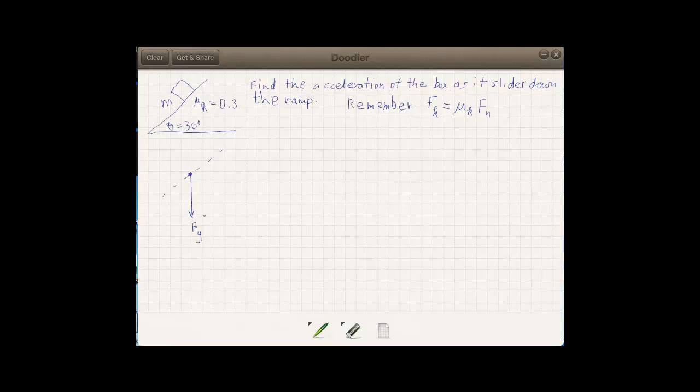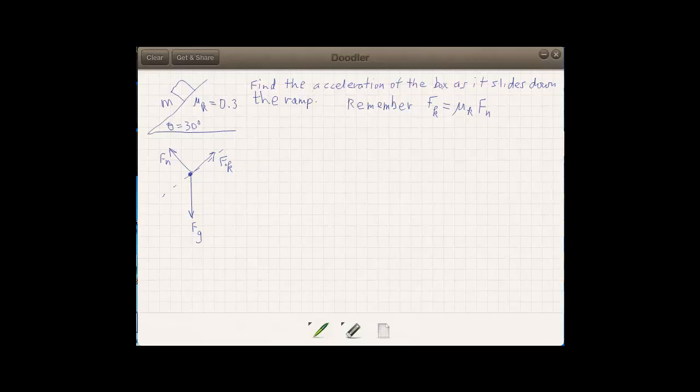We also know there's a normal force, because the box is sitting on the ramp and the ramp is pushing on it perpendicular to the surface, and that's F sub n. There's one more force: as the box slides down the ramp, it's opposed by the kinetic friction force that points up along the ramp.